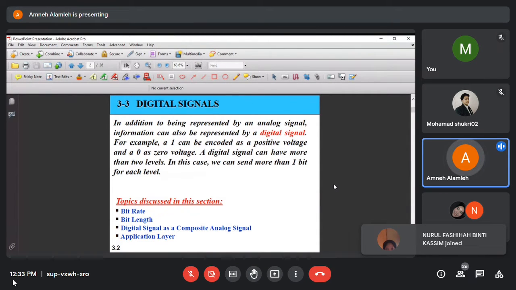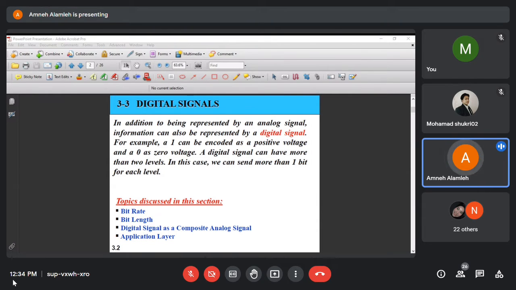We are going to discuss the following concepts related to digital signals, right? Like bitrate, bit length, digital signals and composite analog signals, and application layer.